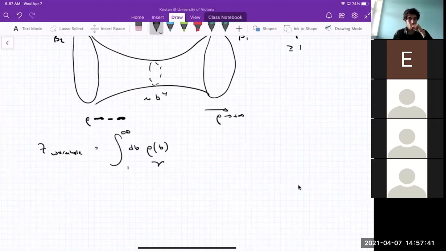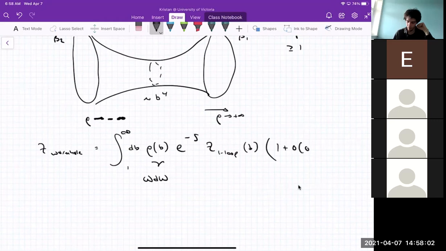So there's the right measure on the space of those fluctuations, something that comes from the Wheeler-DeWitt metric. There's e to the minus the classical action of that wormhole, and then a one-loop factor at fixed b, and then plus higher loop corrections. That's what you would get from this.